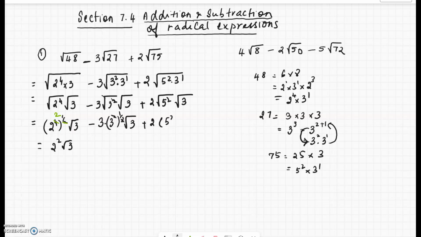Plus 5 squared to the half radical 3. So these two cancel each other out, and then I have 3 times 3, which is 3 squared, and that is 9 radical 3, plus these two cancel each other out, and I'm left with the 5 times 2, that is a 10 radical 3.